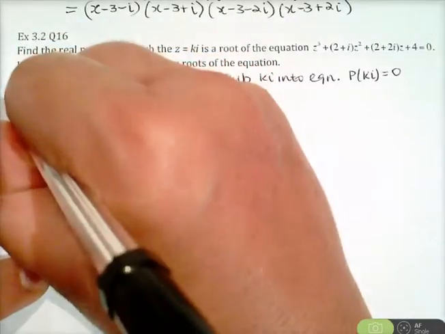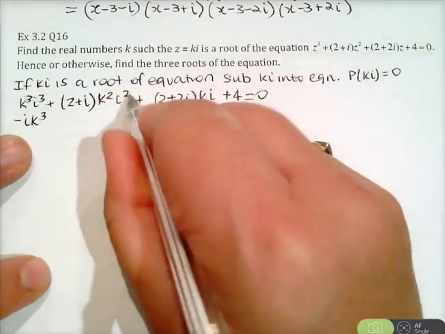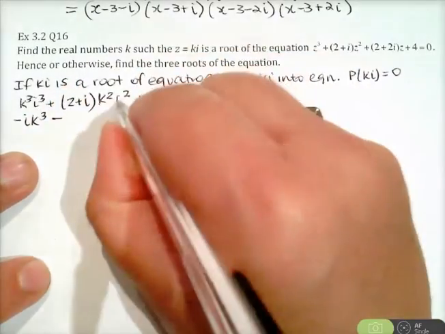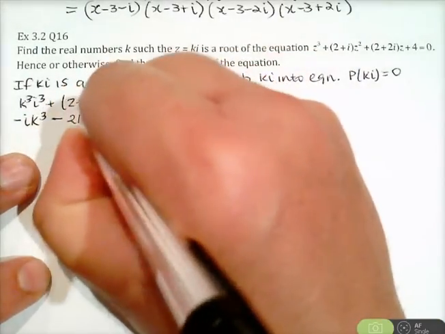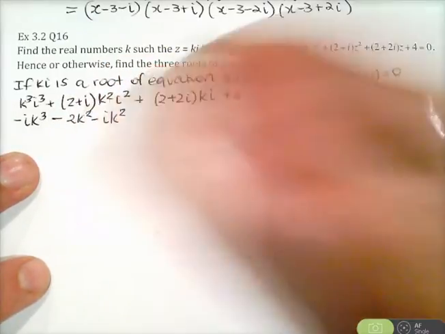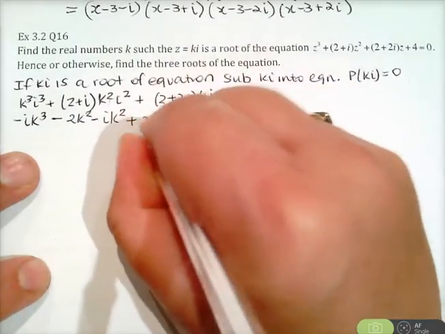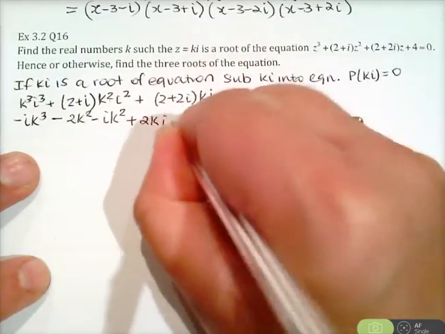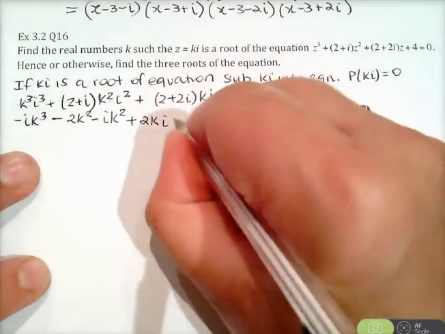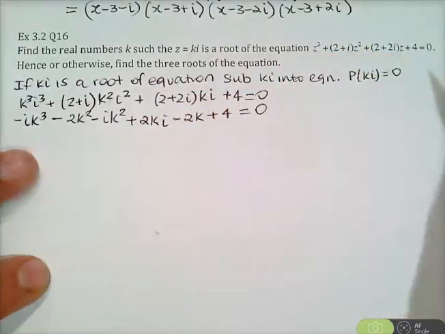So we'll get negative i k cubed, then minus 2k squared minus ik squared, and I'm going to expand as well, plus 2ki, then plus 2ki squared, which is minus 2k, plus 4 equals 0.